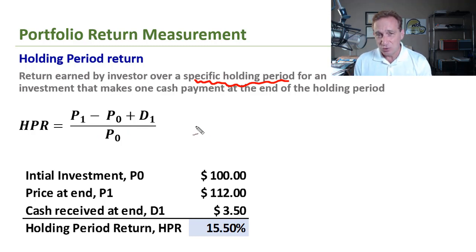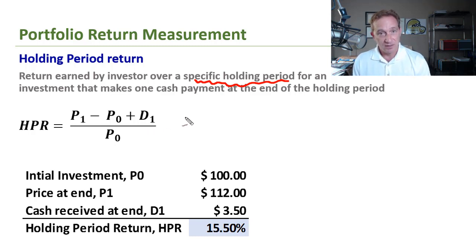So I would say there's two key aspects to the holding period return from my perspective. The first pertains to this cash payment, and the idea is that whatever is the holding period, we want to include the cash, which we would otherwise call income received, or if it's a stock, for example, that would be the dividend.